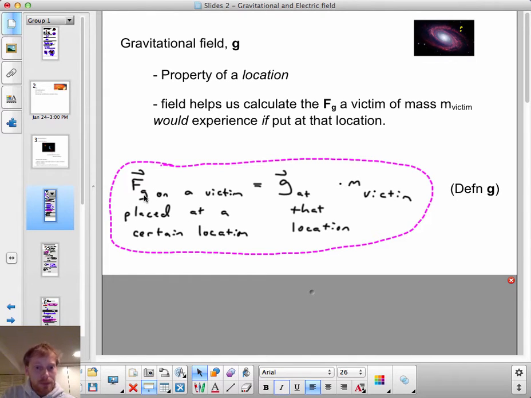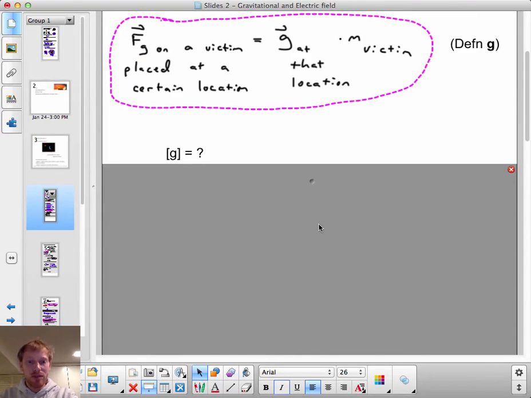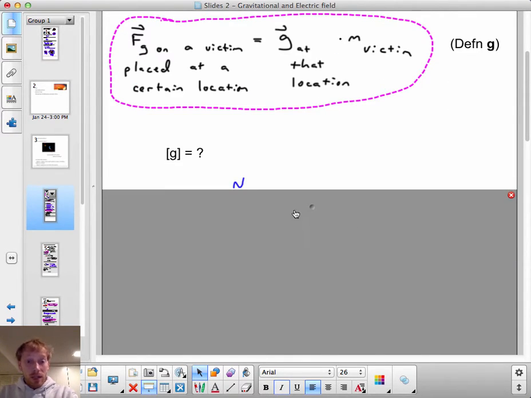So here it is. You can see that the gravitational field has a magnitude and a direction. It is a vector. And this equation, the gravitational force a victim placed at a certain location experiences, is equal to the gravitational field at that location times the mass of the victim. That is the definition. This statement is the definition of gravitational field. What are the units of gravitational field?